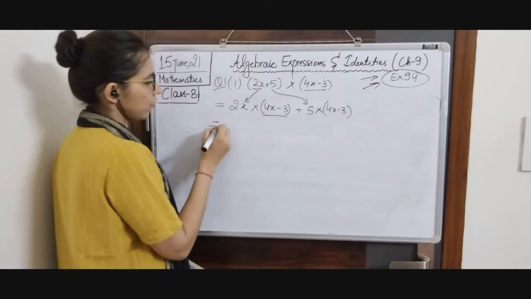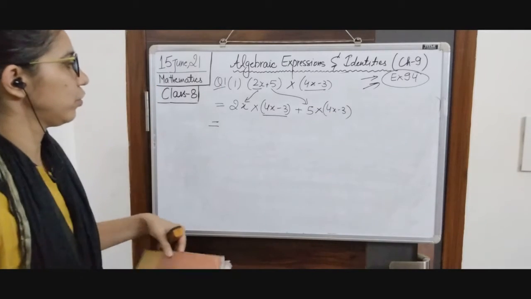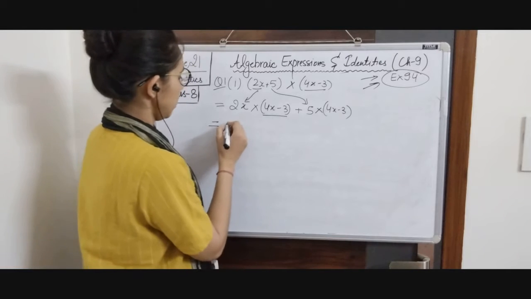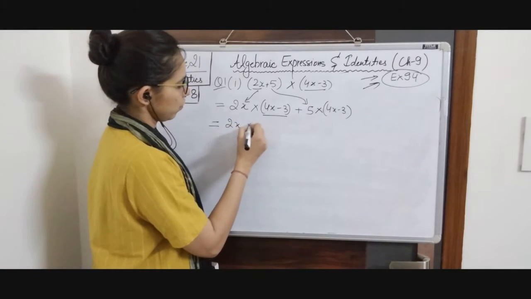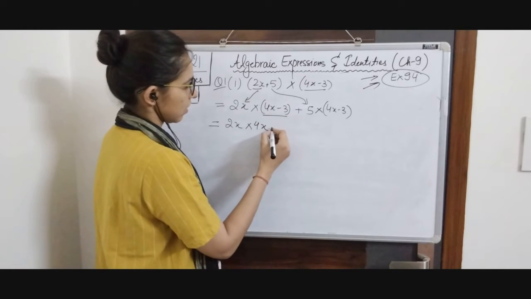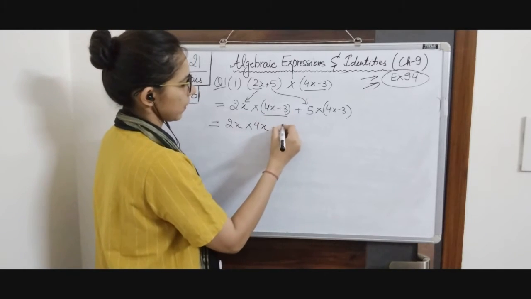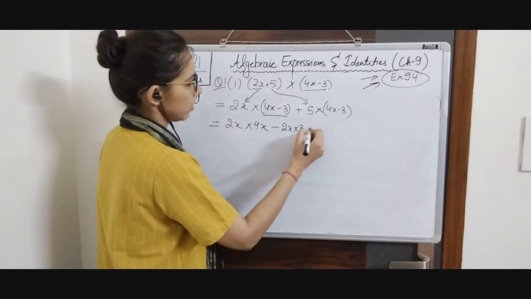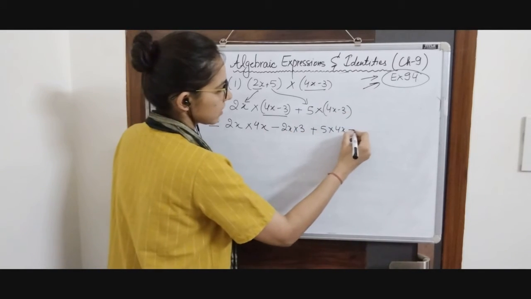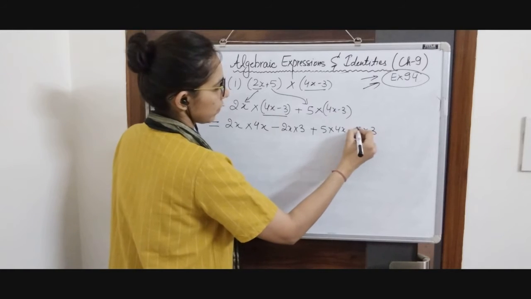Now we have converted it into a product of a monomial and a binomial. We can do the simple calculation: 2x into 4x minus 2x into 3 plus 5 into 4x minus 5 into 3.